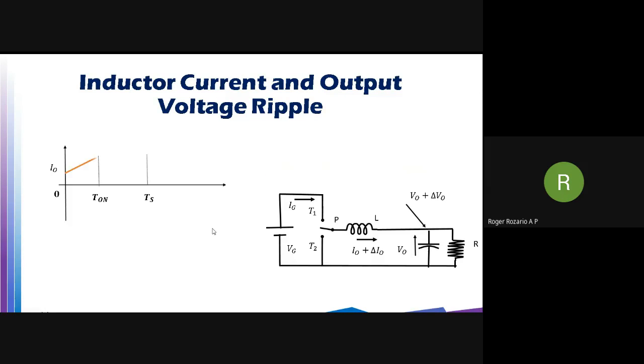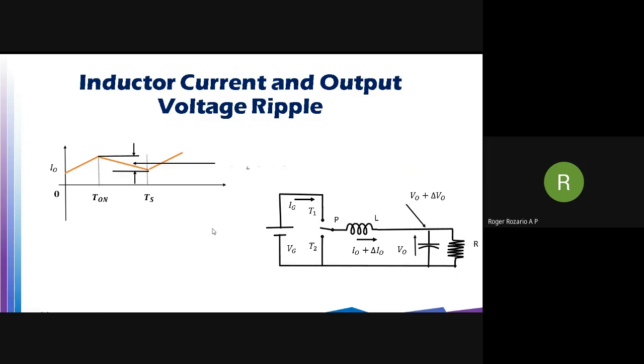So let us take the inductor current waveform. You know how this inductor current waveform is. There are some ripples in the current. The current increases from 0 to T1 and the current decreases from T1 to Ts during the off period.